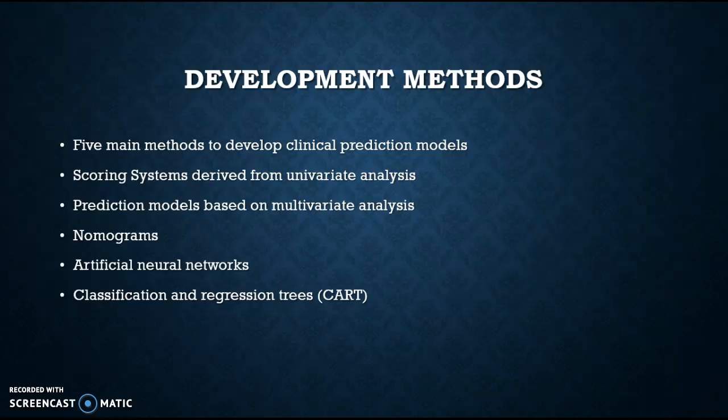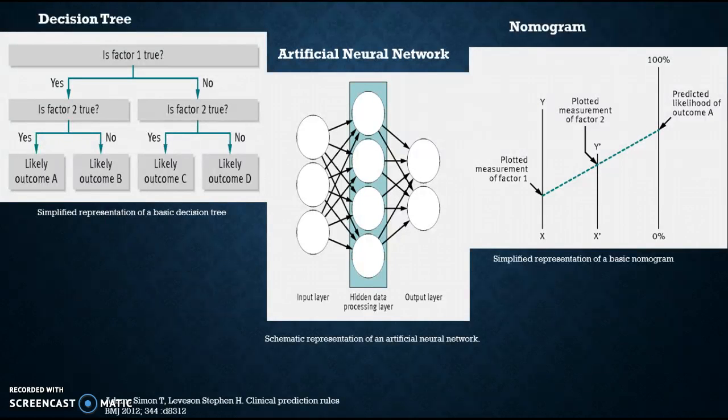And then finally we have the classification and regression trees, or CARTs, which use non-parametric tests to evaluate data and divide it into subgroups. These decision trees are easy to follow and understand, and you follow the arrows to a directed outcome. But these can be less accurate than many of the other models. So some examples of these: to the left we have a decision tree with the flow of outcomes, and then we have the artificial neural network and the nomogram.